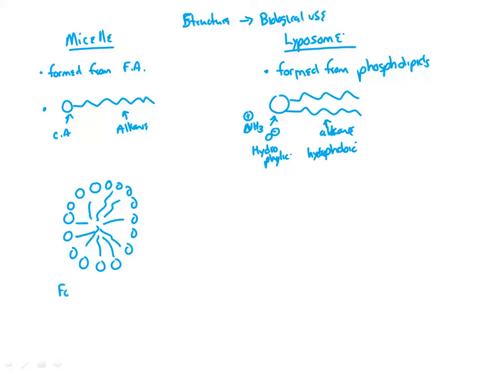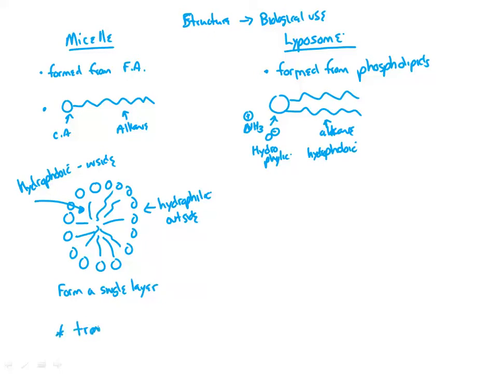And so they form a single layer that is hydrophilic on the outside and hydrophobic on the inside. And what these can be used for is to transport fatty acids or fats or oils all over the body.